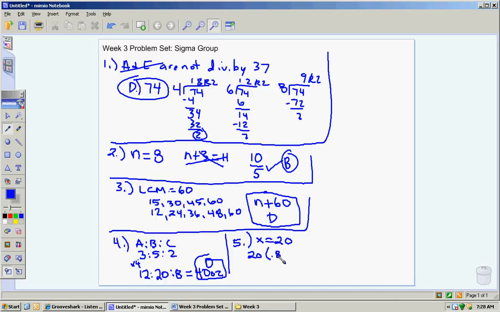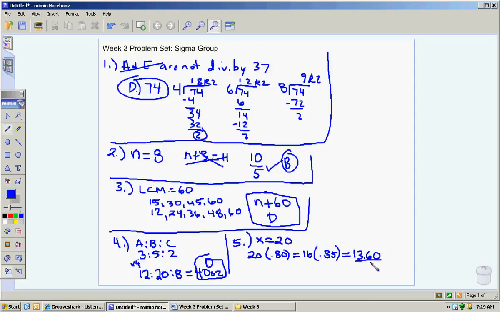And then another 15% off gives us 0.85. 16 times 0.85 is 13.60.